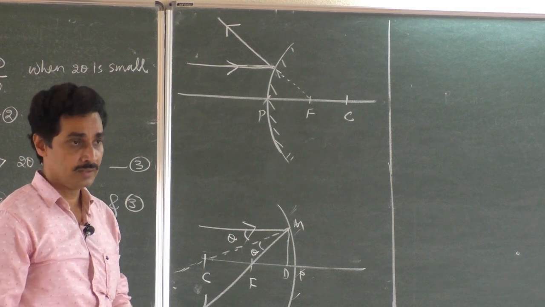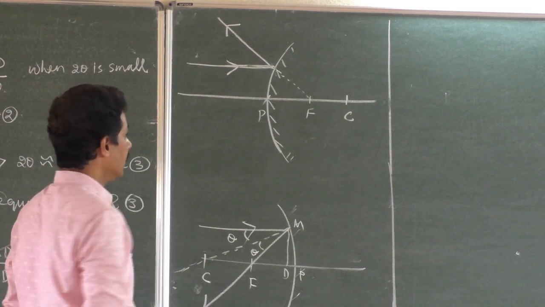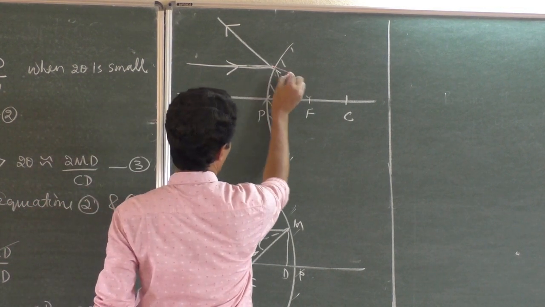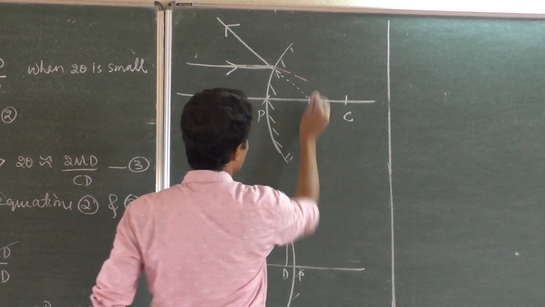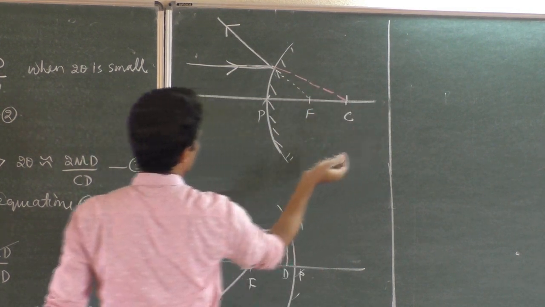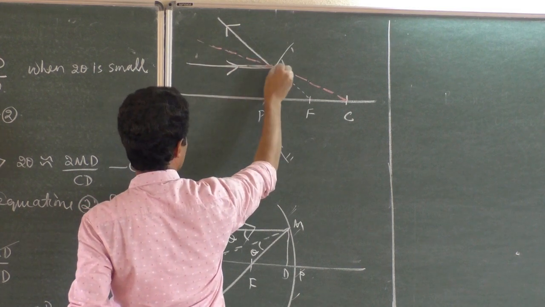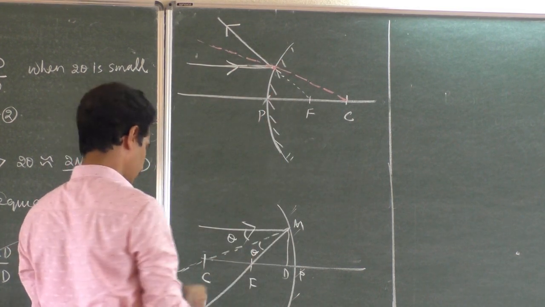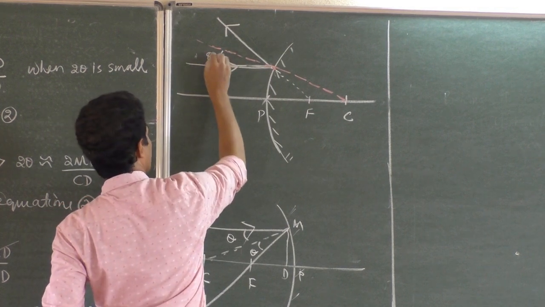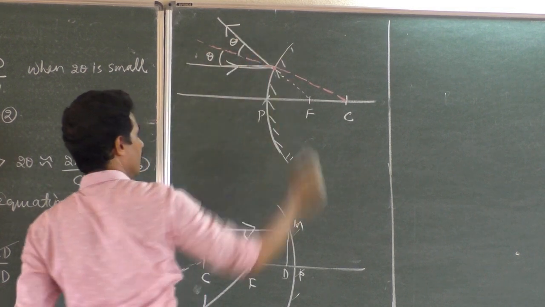Now, where do you indicate the angle of incidence and angle of reflection? Again, we go with the help of a normal. How do you draw a normal? Join towards the center like this and continue it. This is the normal line drawn at this point. The angle of incidence is this one, theta. Angle of reflection, theta.